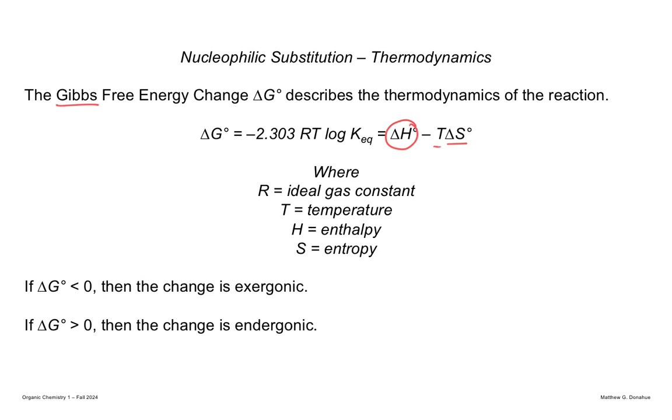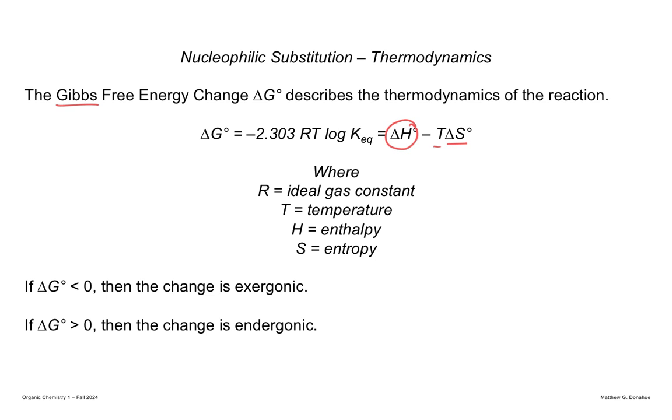The word that I think about is chaos or order. Does the reaction proceed generating more order or more chaos? That's what is folded into that term. Experimentally, that's probably the hardest to measure as well.